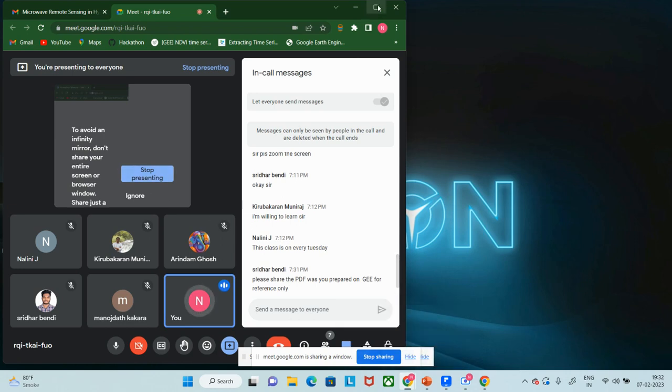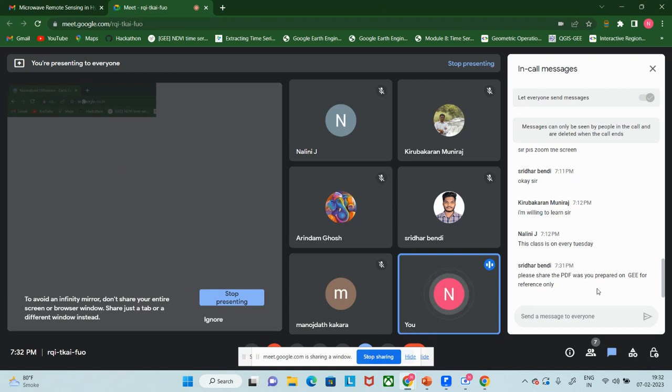Whoever wants the PDF for that Google Earth Engine which I showed, just write your mail ID in the chat box, then I will be able to share it with you. So after this class, I will be sending you a mail.